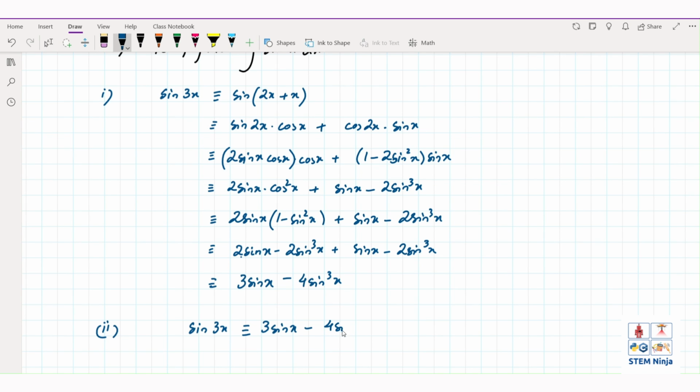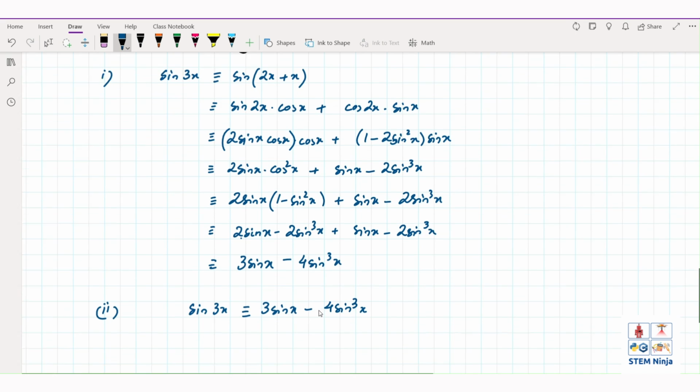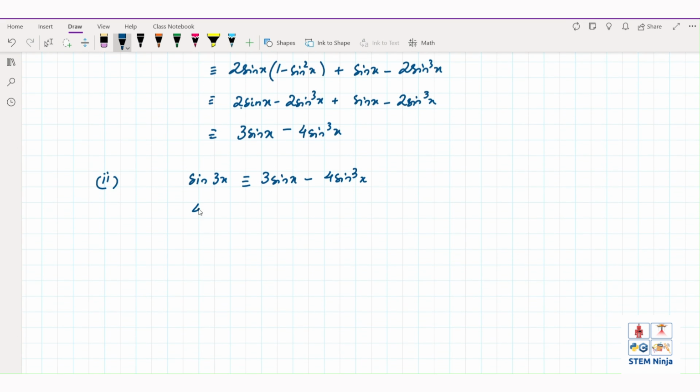To find the integral, we know that if sine 3x is identical to 3 sine x minus 4 sine cubed x, this would mean that 4 sine cubed x can be written as 3 sine x minus sine 3x, and we can divide by 4 also.